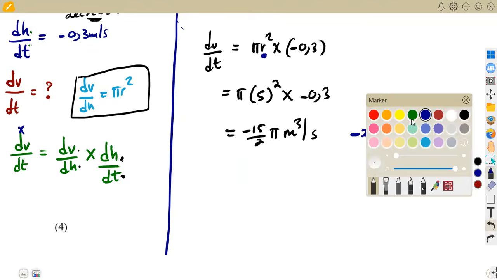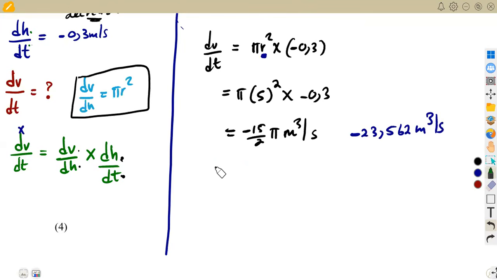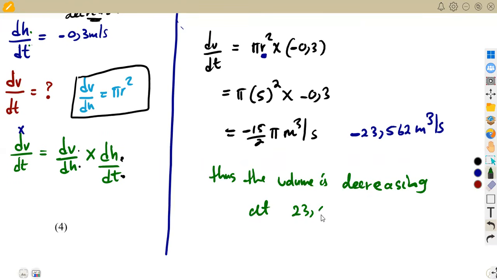So what does the negative simply represent? It simply means that's a decrease. So our volume is decreasing in this case at 23.562 cubic meters per second.